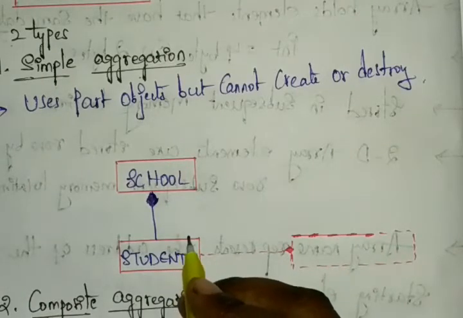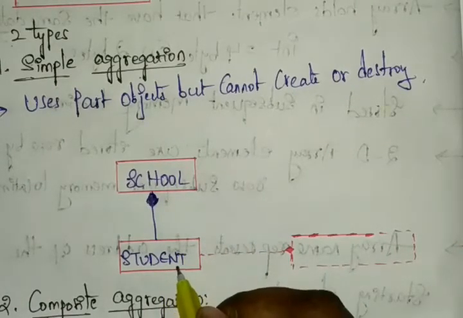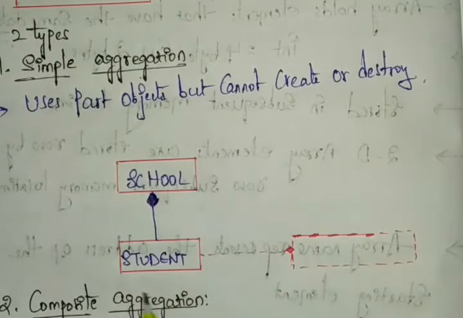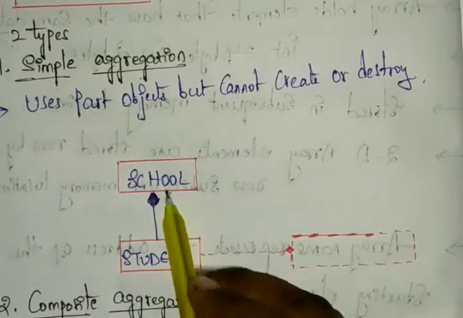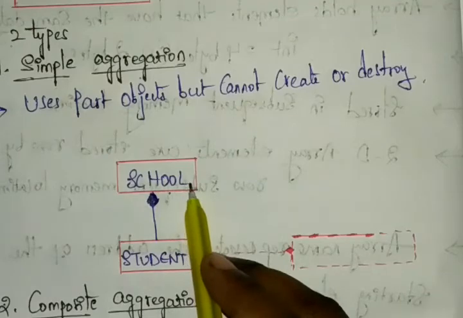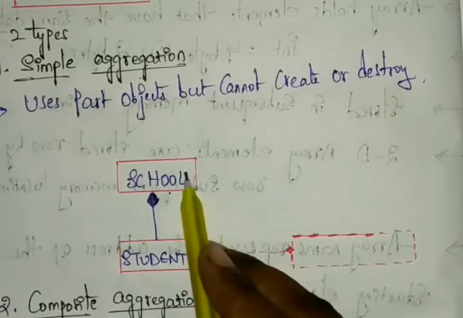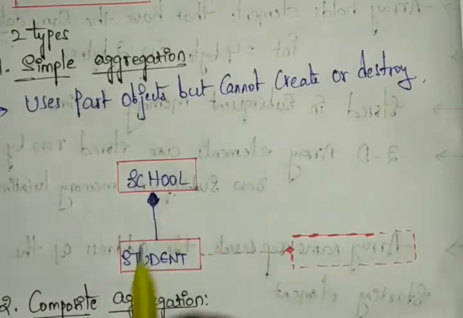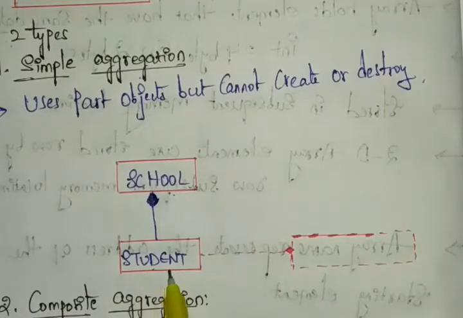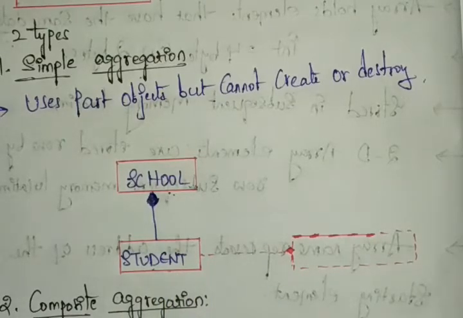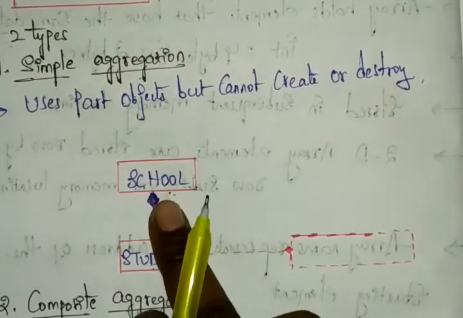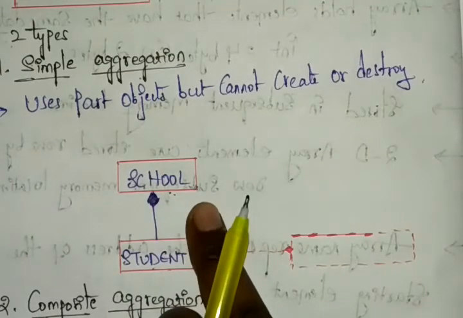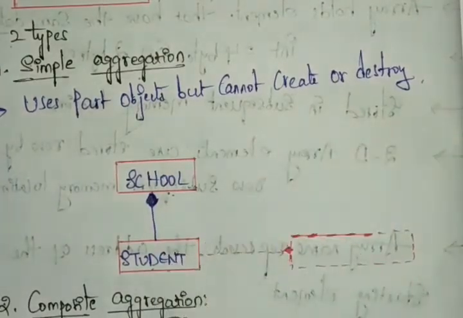Same with the student. If the school object is destroyed, suppose the school is closed, totally closed, the student object will not be affected. The student will not get destroyed. Why? Because the student can join another school, right? So the student remains a student even if the school is destroyed. So we cannot create and we cannot destroy anything.